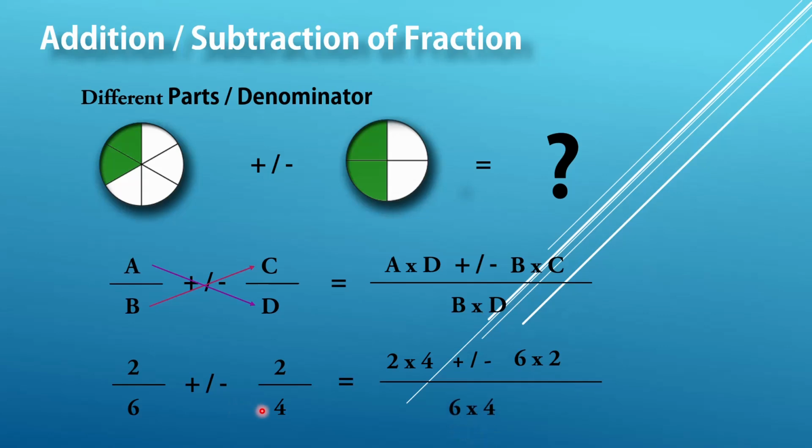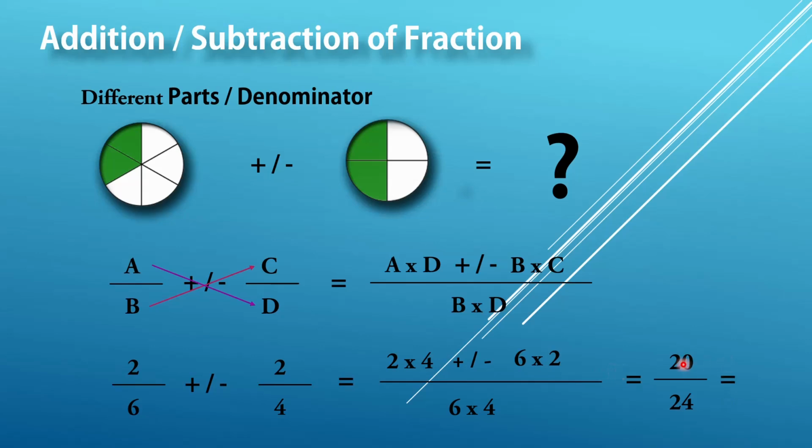So 2 into 4 will be 8, and 6 into 2 will be 12, and the denominator is 6 into 4, which is 24. So 20 divided by 24.